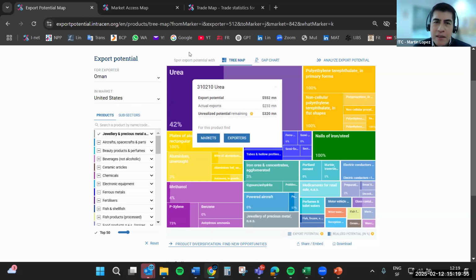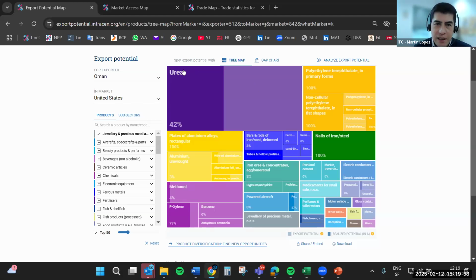Well, do you see that there is a darker area in urea indicating 42%, and there is a lighter purple section here? This indicates room to grow. This means that at this moment, based on the export behavior of Oman to the United States, we have been exploiting just 42% of the potential market for that specific product in that specific market, the United States.